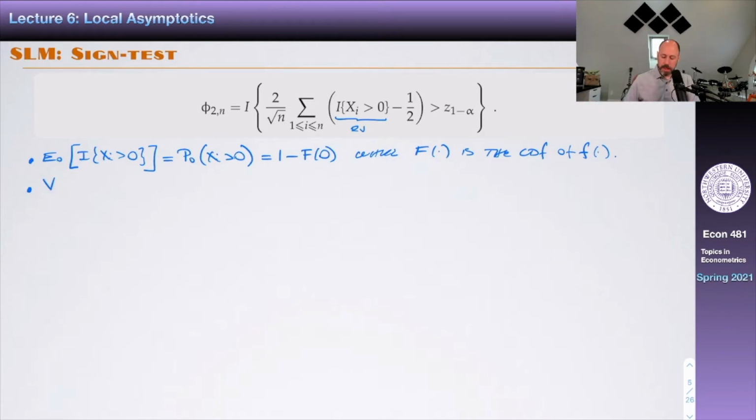And then the variance under the null is quite simple because this variable is Bernoulli with probability 1 minus F. So it's just p times 1 minus p.